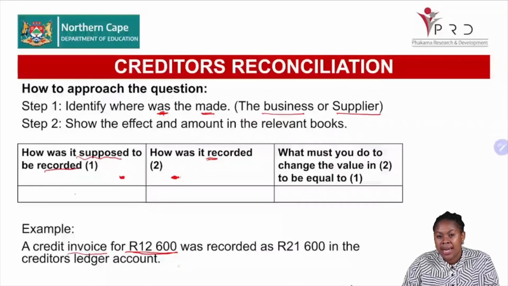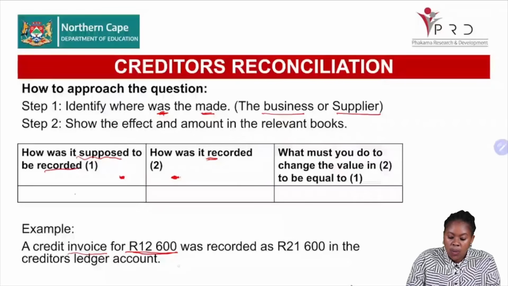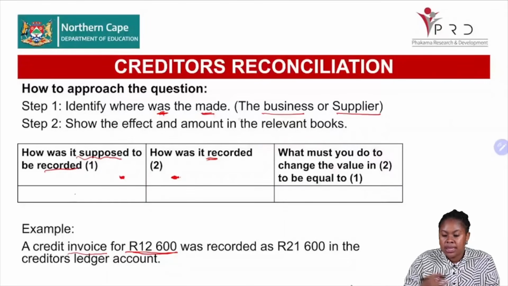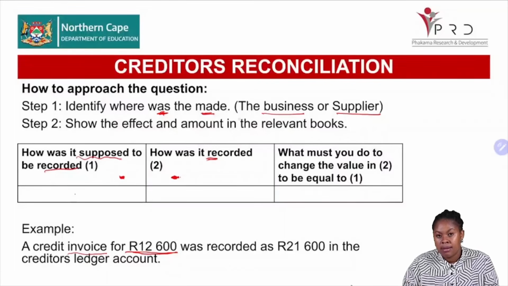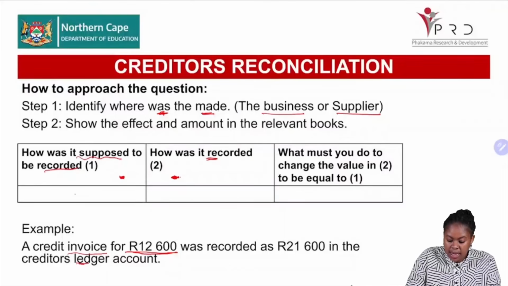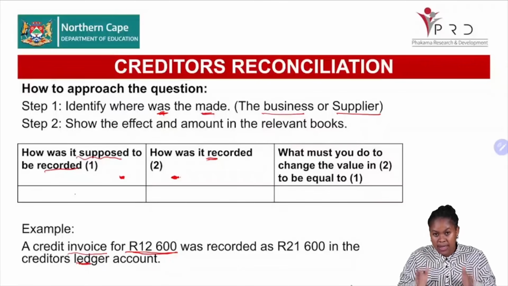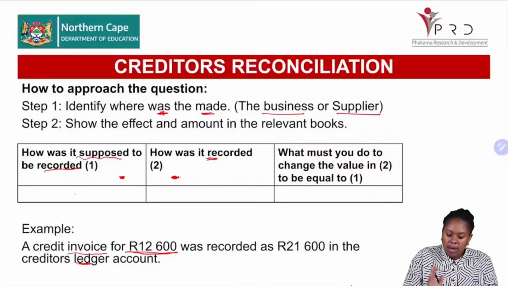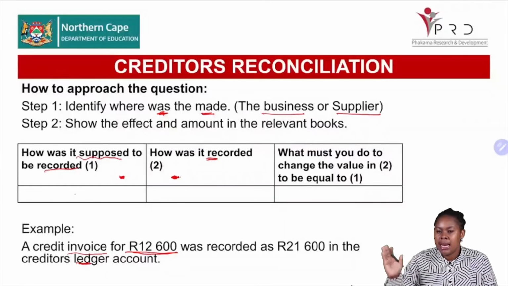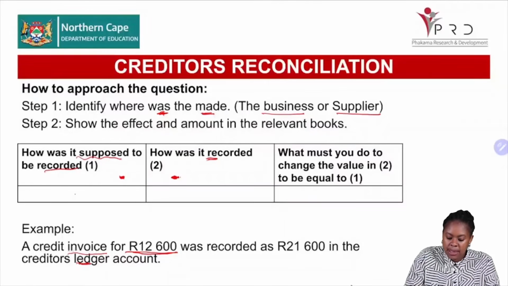So the first step, we identify which person or where the error was made. It was done in the ledger. So the ledger will be our books. Okay, so we made the error. That's where we are fixing. Okay, then what was supposed to happen in the ledger? It's an invoice of 12,600.